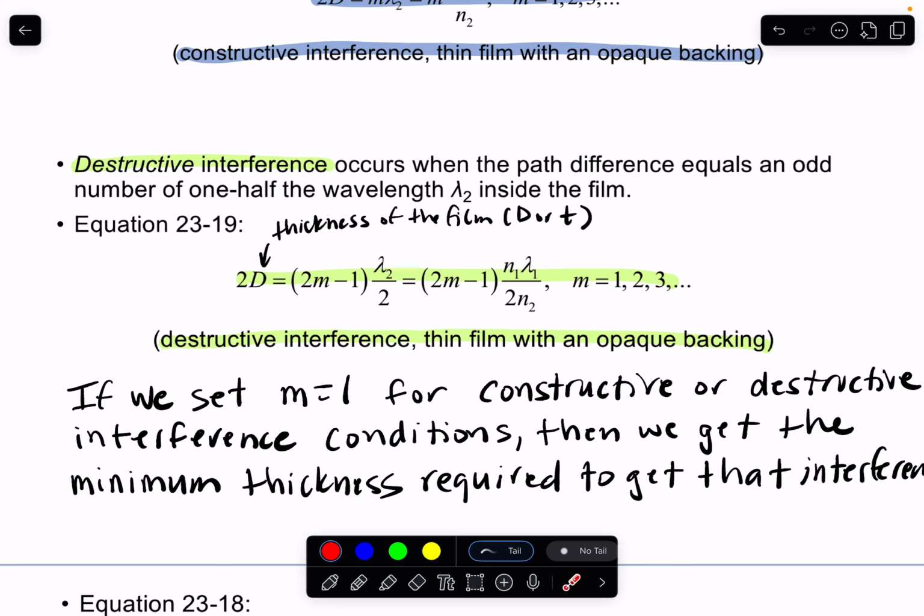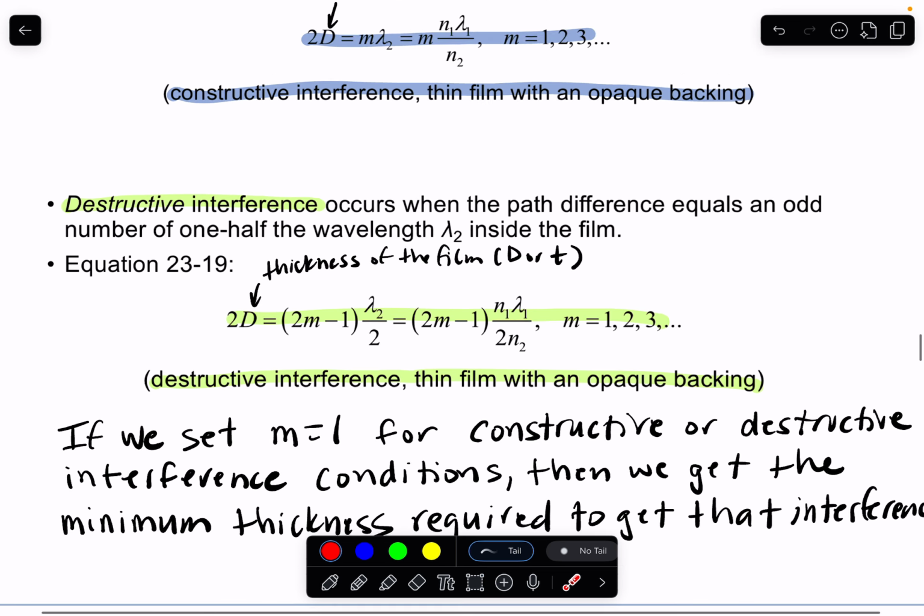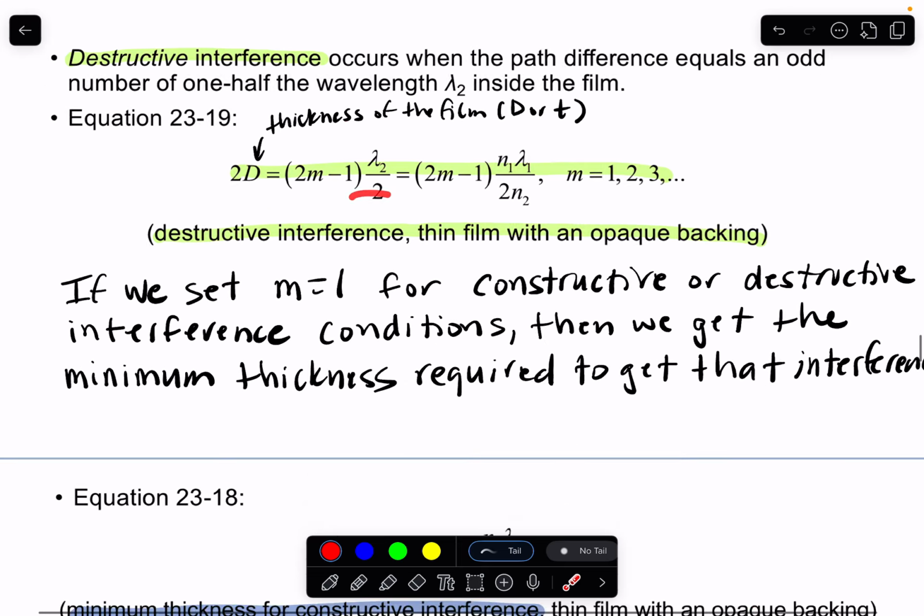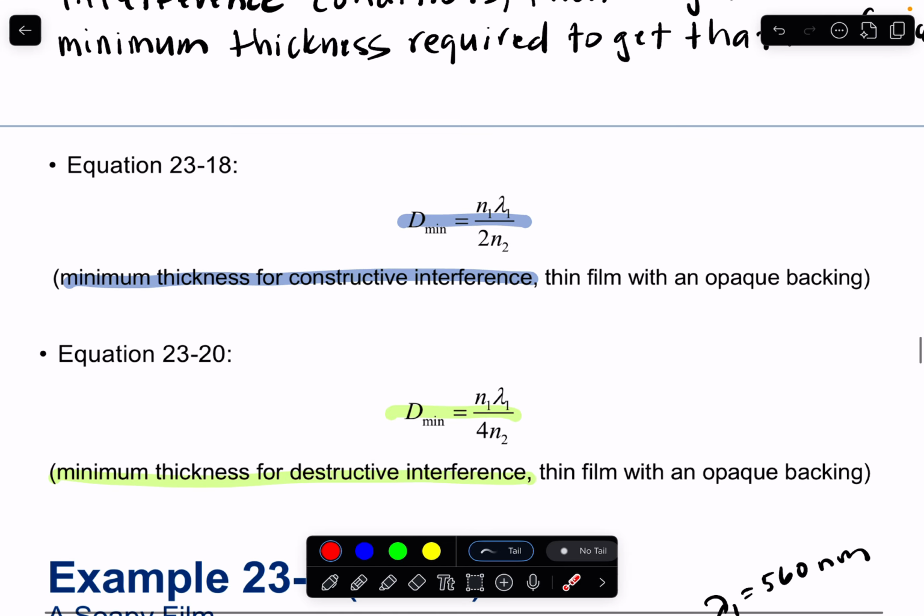The minimum thickness would occur at the integer m equals 1. So if we plug in m equals 1 for both of these equations, we can find the minimum thickness required to achieve constructive interference or destructive interference for a particular wavelength.